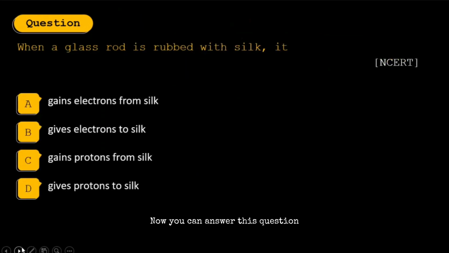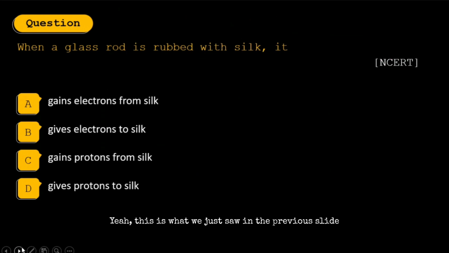Now you can answer this question. When a glass rod is rubbed with silk, what will happen to it? It will give electrons to the rod. It will gain electrons from the rod. I think so.